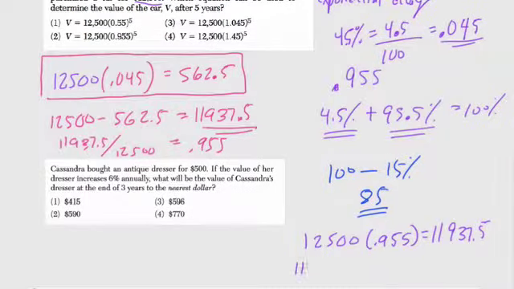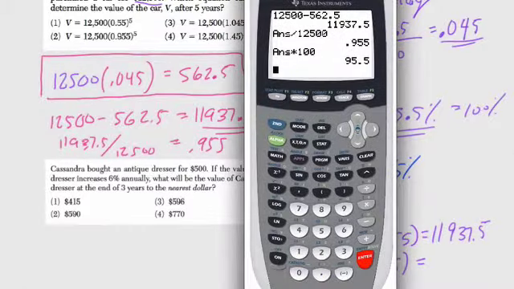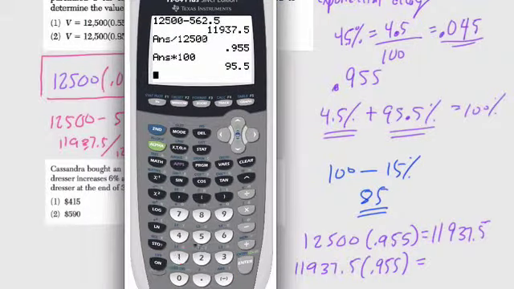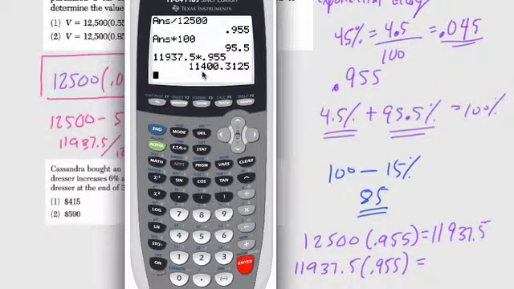The next year, you lose 4.5% of that value. So you can take 11,937.5 times 0.955 again. And what would that get you? Well, 11,937.5 times 0.955 equals this number, 11,400.3125. But here's the awesome part.